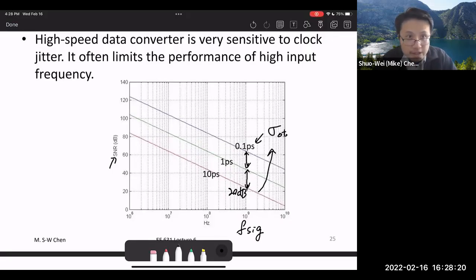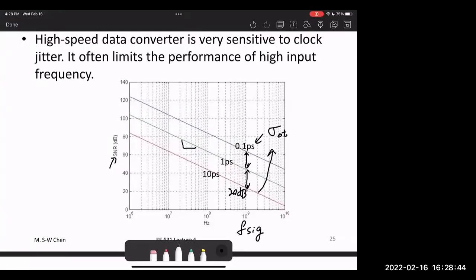Now, let's say the clock jitter, unfortunately, you cannot improve. So it's fixed. Then when you increase the signal frequency, you see this SNR trend line will just keep going down. So what is the slope here?